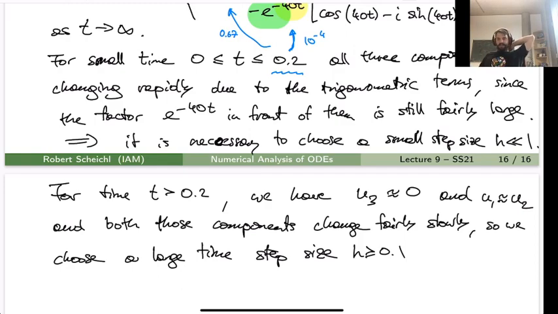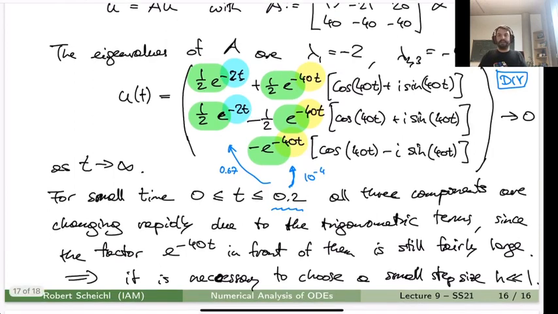So basically, if you just look phenomenologically, you see that near time 0, this oscillatory part is still important, and especially when t is almost equal to 0, this will be very important. It will oscillate very fast. But after about only 0.1 or 0.2 time units, these parts will be gone, and essentially you just have this part of the solution.